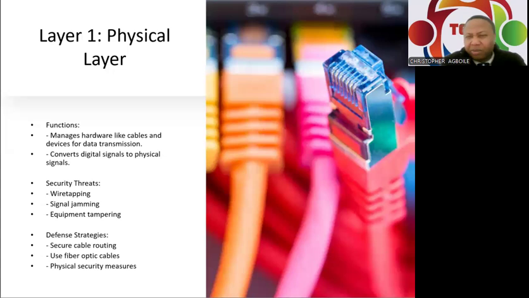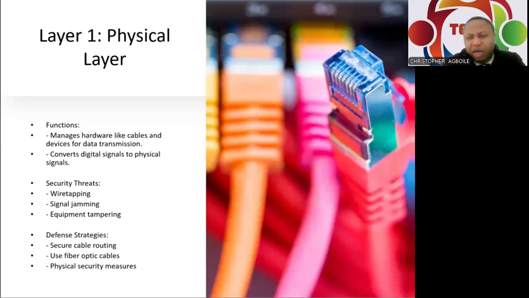When the bad guys want to sniff or listen, they get nothing because it does not allow for wiretapping. Then also use secured cable routing. You can also use encrypted signals. All of these things are measures to counter wiretapping.